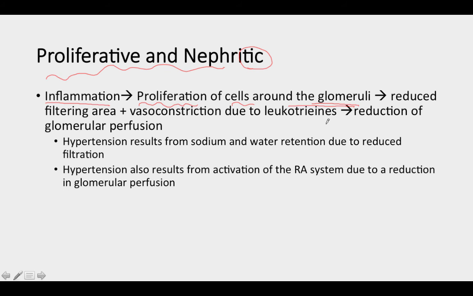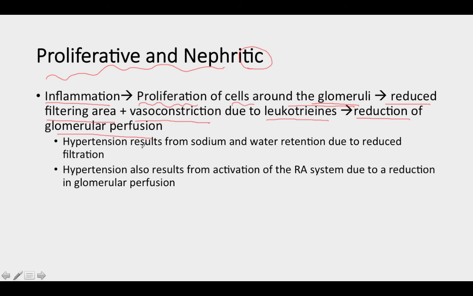Now these are inflammatory cells, leukocytes, PMNs, lymphocytes, all these cells make their way into the glomerulus. They reduce the filtering area of the glomerulus and also cause vasoconstriction of the afferent arterioles because of the inflammatory leukotrienes. Because of these two things, you get a reduction of glomerular perfusion.